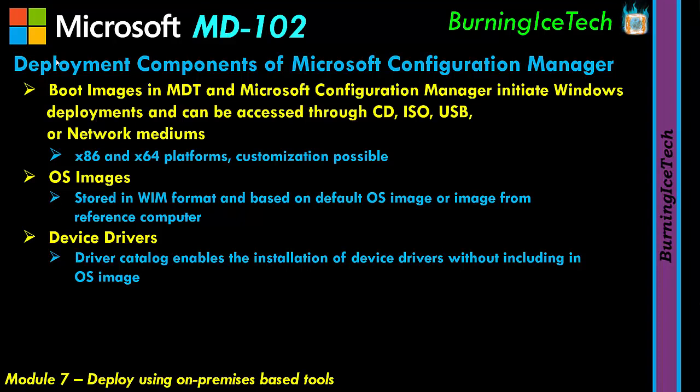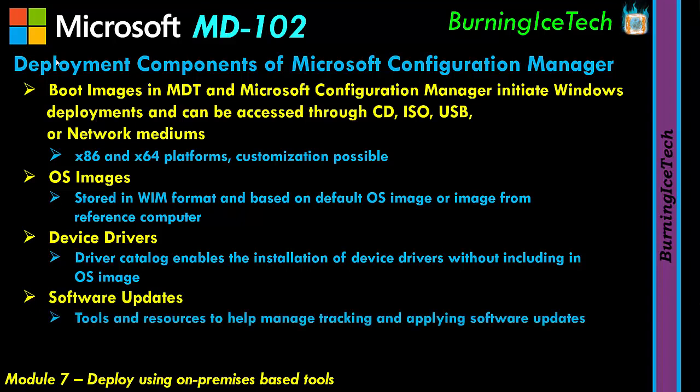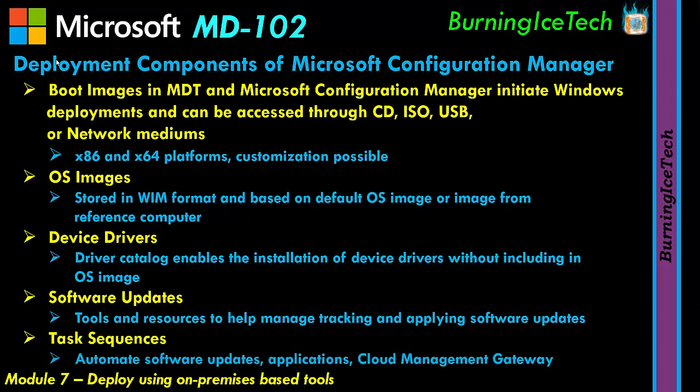When it comes to the software updates you probably will need, tools and resources to help manage tracking and applying software are available. So that's obviously going to be things like your Configuration Manager, Intune, and much more. Lastly, folks, task sequences. So this is to automate software updates, applications, and your Cloud Management Gateway.